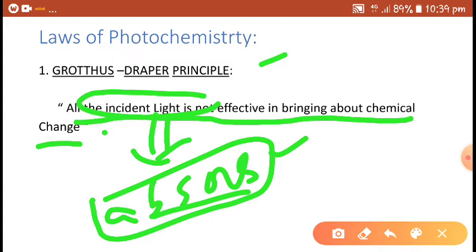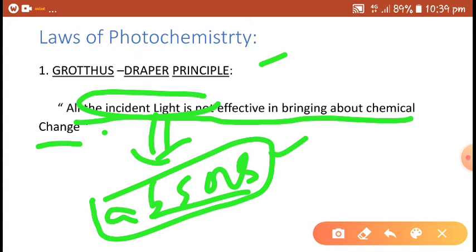First, in several cases the absorbed light is converted into the kinetic energy of the absorbing molecules and only heat effects are produced. For example, potassium permanganate solution strongly absorbs light but no chemical change is produced.